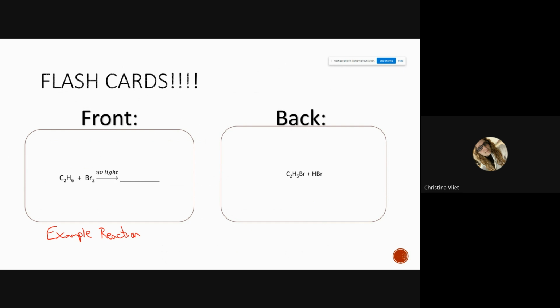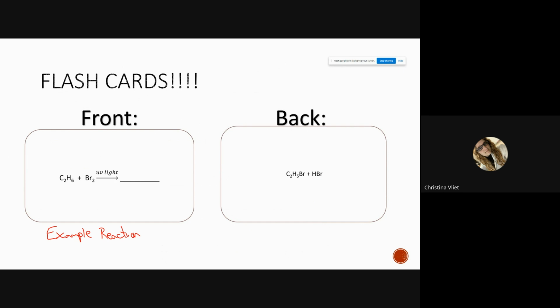I had like a pile of flashcards that deep, and then I would just put the ones to the side that I knew and redo the ones that I didn't know over and over and over again until the pile went away. That's how I would study organic chemistry. So your third flashcard will be your reactants for an example equation, your conditions, and then you complete the reaction. And so you notice here that I have the completed version of the reaction on the back.